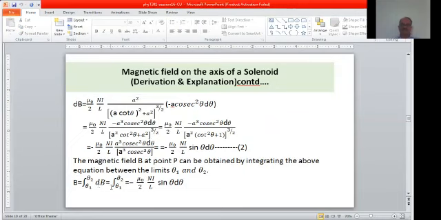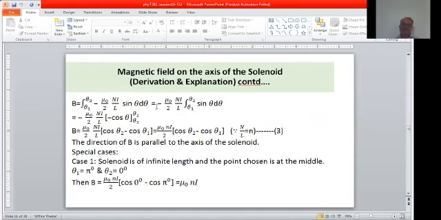So this is the integration: B is equal to the integral from theta 1 to theta 2 of dB, and go on simplifying. The integration of sin theta is minus cos theta, and the integration limits are theta 1 to theta 2. Put the upper and lower limits and simplify, and the equation comes like this: mu naught by 2 Ni upon L into cos theta 2 minus cos theta 1, after substituting the integration limits.